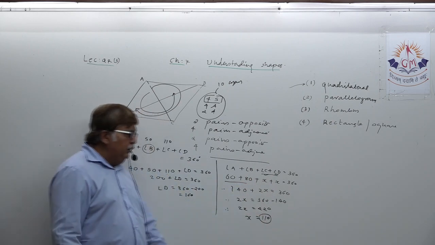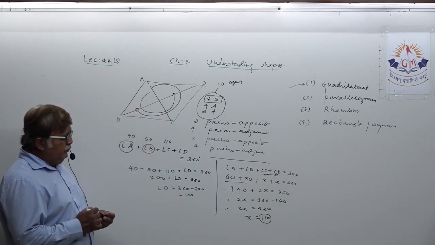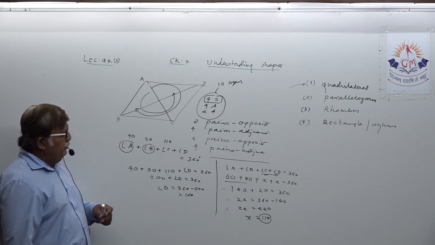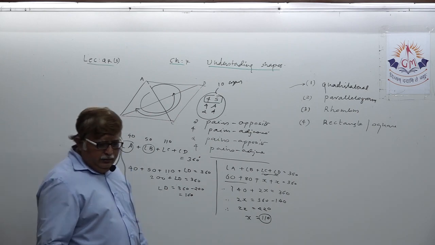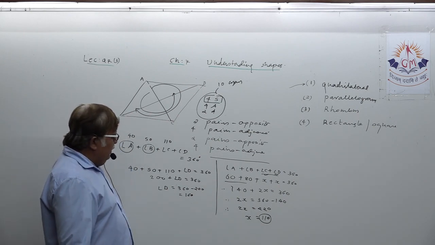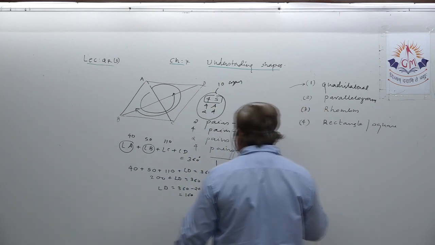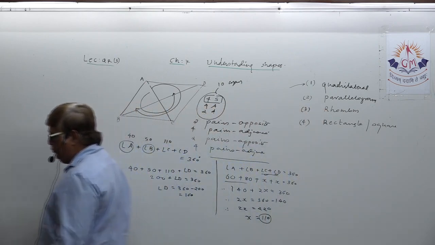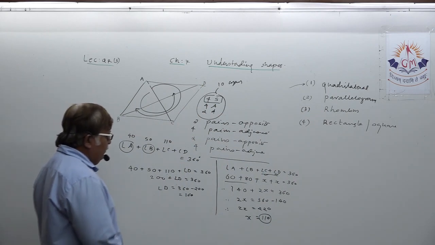This way also you are able to solve the sum. Okay, so this is some general knowledge, some general guideline regarding quadrilaterals. This way examples can be asked to you. Okay, so you have to be very conscious.